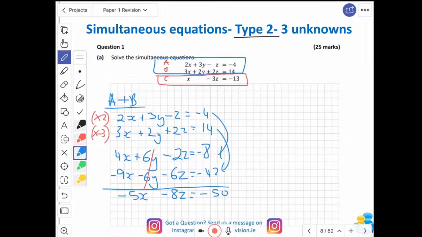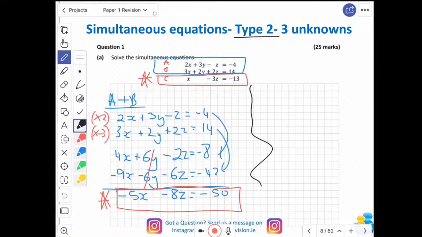Now the brilliant thing about this is that I now have 2 equations, so this one here and this one here, and they only have 2 unknowns. So I am back to junior cert maths now. Okay, so what we're going to do is line them up underneath each other.